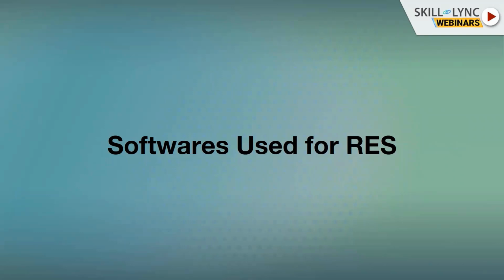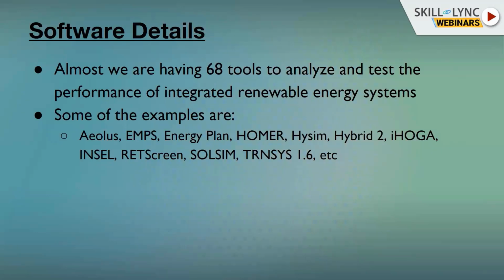And let us come to the software. What are we using for renewable energy? Almost 68 tools are being used all over the world for renewable energy systems, and some examples have been given, like EMPS, EnergyPLAN, Homer, SolSim or TRNSYS. You can search all these and work on any one tool.